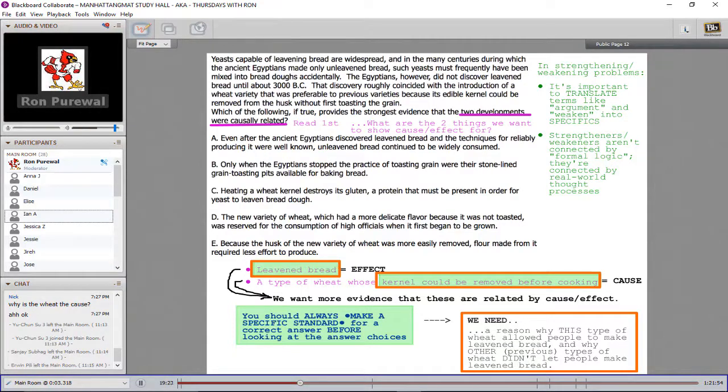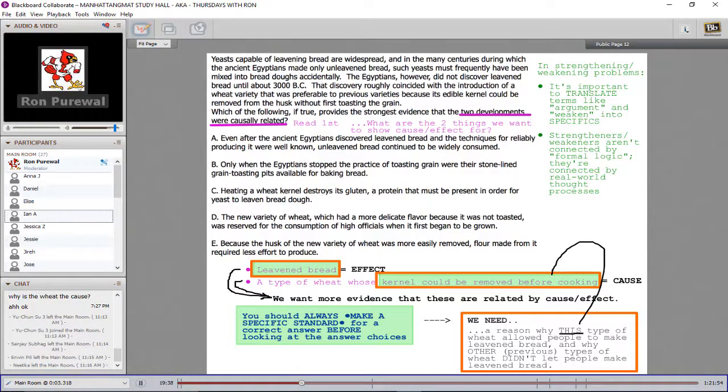All right, this is what we need, right? We need a reason why removing the kernel before cooking allows us to make leavened bread.